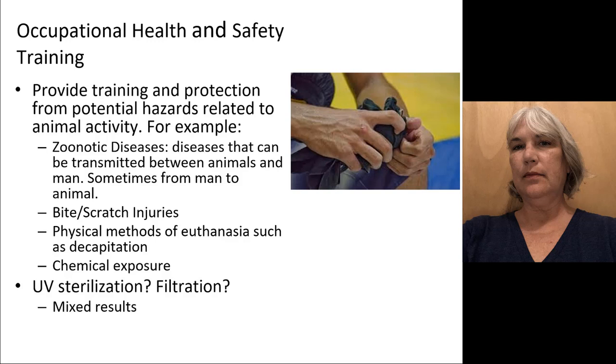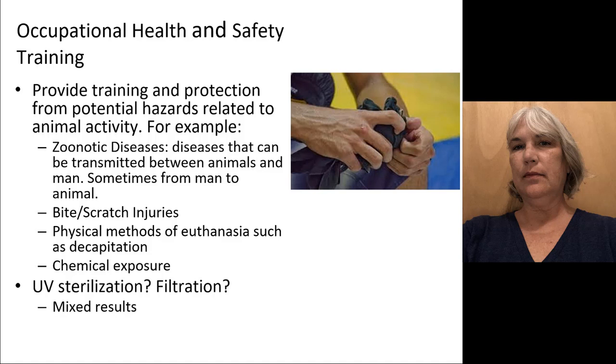So the bottom line is you need to train your workers and know what the potential hazards are, especially what zoonotic diseases are out there, what can be transmitted between the fish and your workers. A lot of injuries are through spines, especially during handling. If you're culling them for euthanasia, such as decapitation, for marketing, know the sharp objects, know the chemical exposure, such as the disinfectants.